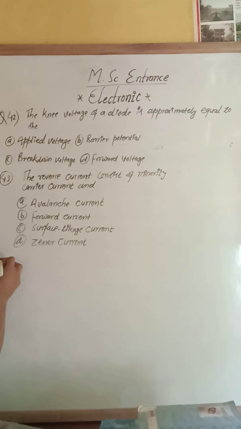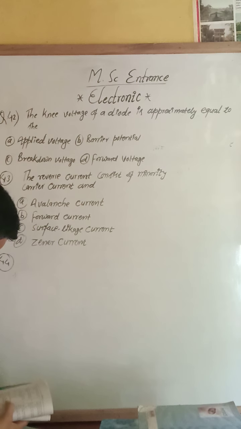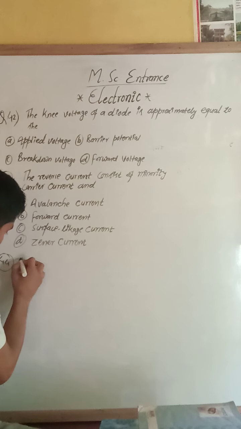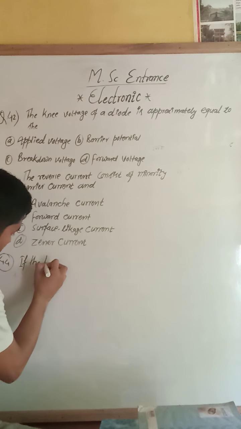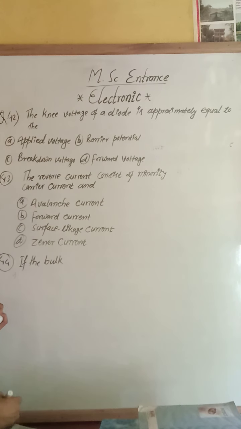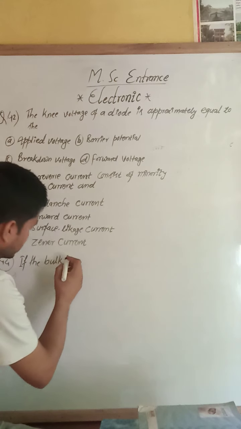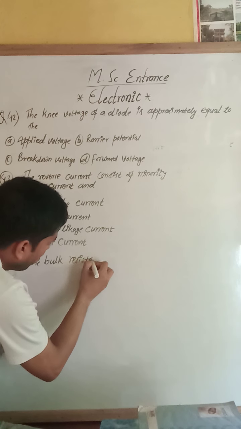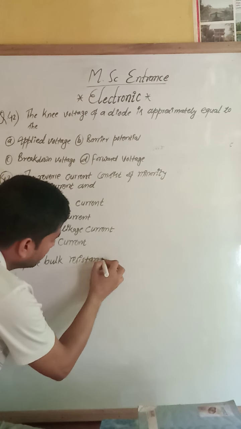Okay. Similarly, question number 44. If the bulk resistance is 0, the graph above the knee becomes. Bulk is one kind of resistance.